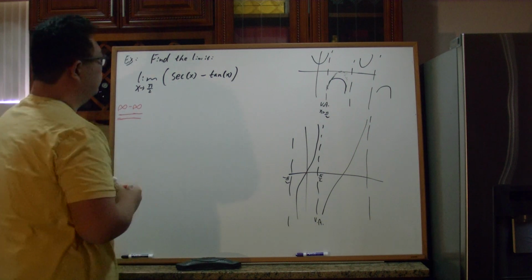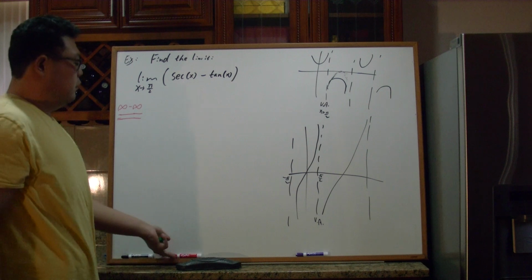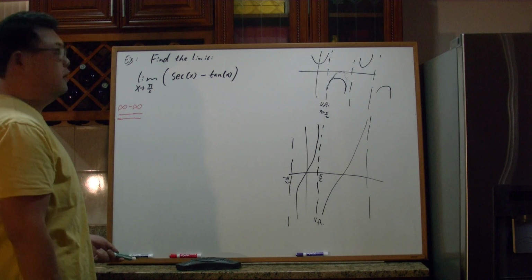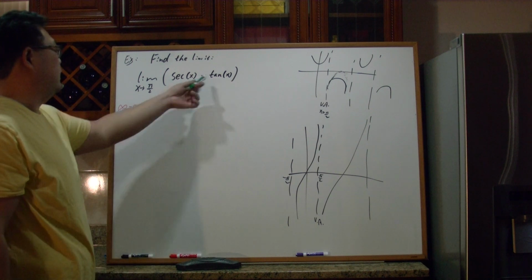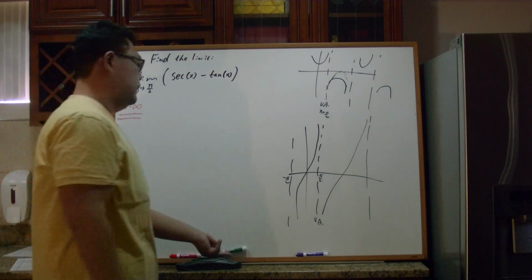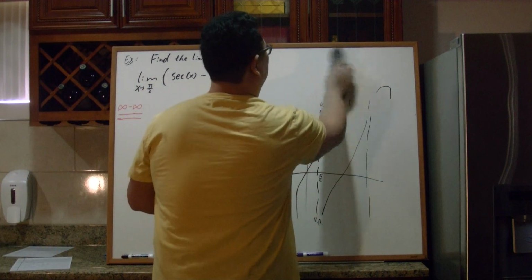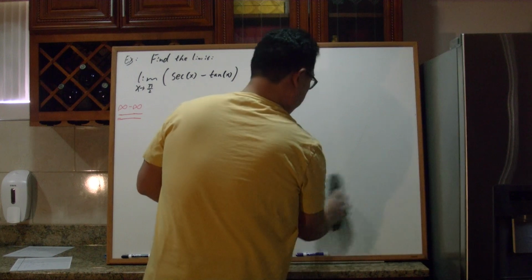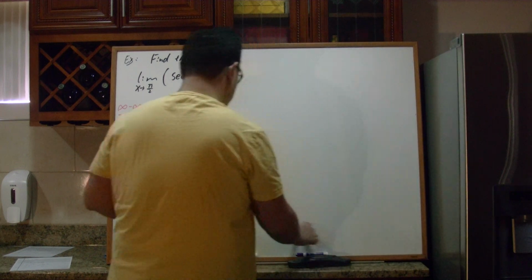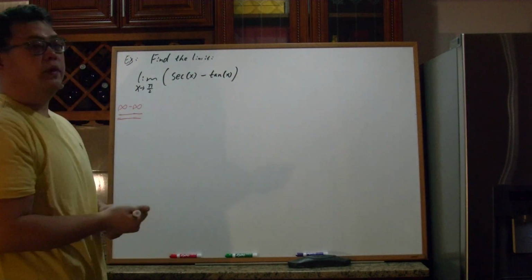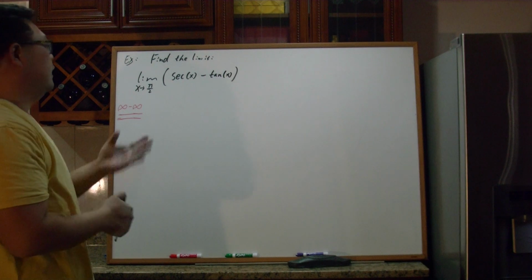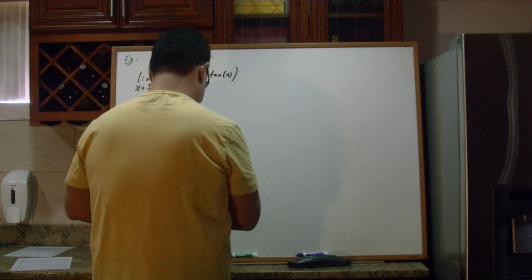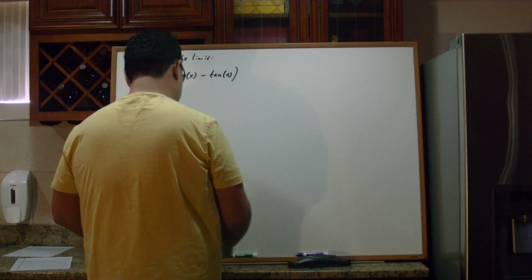Right, for them, we actually kind of don't know what to do, right? That secant minus tangent, what can we do with the secant minus tangent? Our purpose is to make them into a ratio, so maybe what we can do is convert. Right, use trig properties to convert.